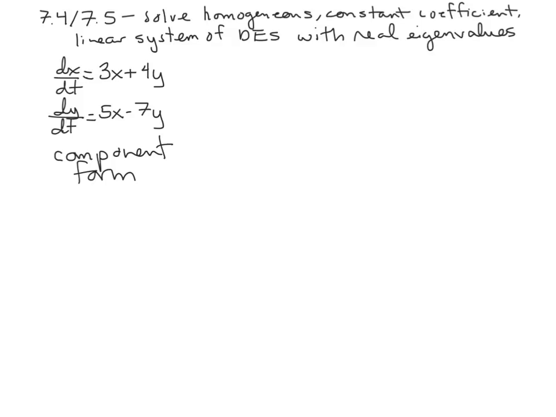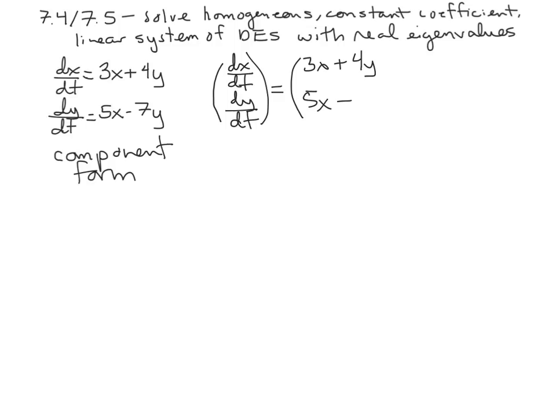So I'm going to change this into kind of a vector form. So I could say that this would be the same thing as dx/dt, dy/dt equal to 3x plus 4y, 5x minus 7y.